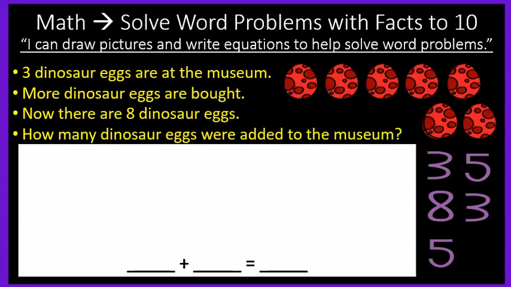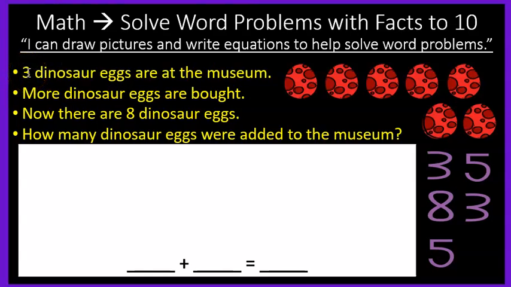Here we go now. Same thing. You're going to read this first, and then we're going to break it apart. Let's read it together. Read it with me. 3 dinosaur eggs are at the museum. Now, how many dinosaur eggs are at the museum?